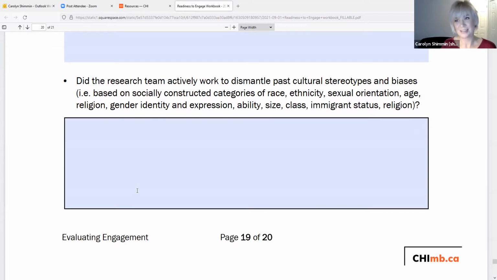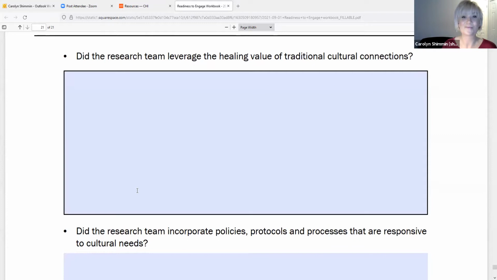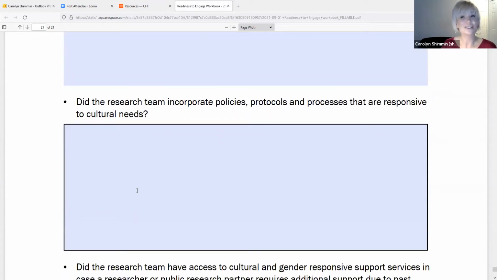So we're based on all of those different categories. Did the research team leverage the healing value of traditional cultural connections? Were there opportunities to do so? Did the research team incorporate policies and protocols and processes that are responsive to cultural needs?